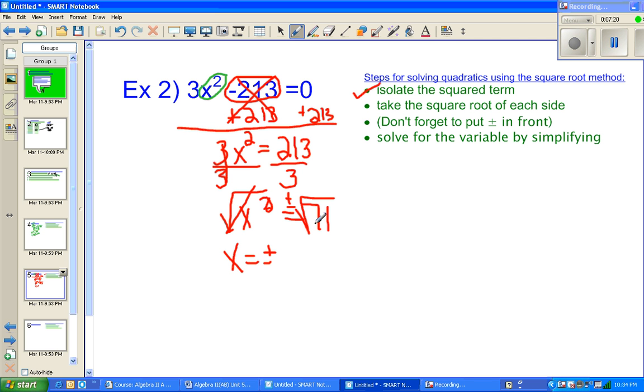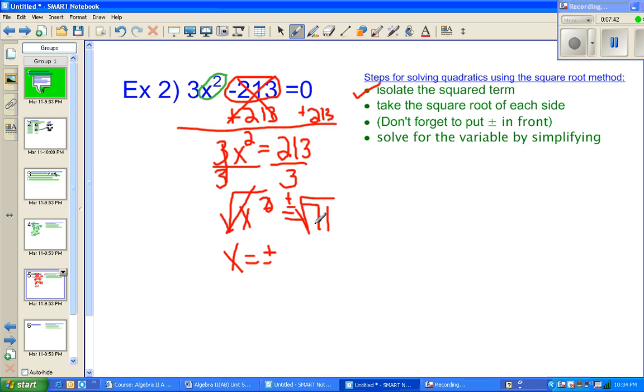The largest perfect square below 71 would be 64, but that doesn't go. So then you're going to try 49, and that's not going to go. You're going to try 36. You're going to try 25. We can try 16.